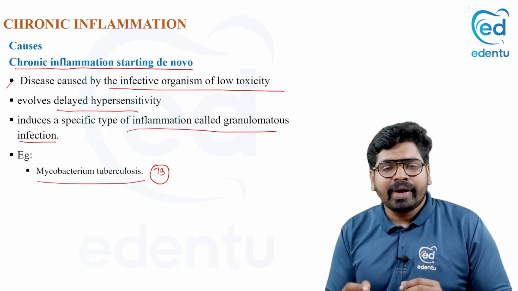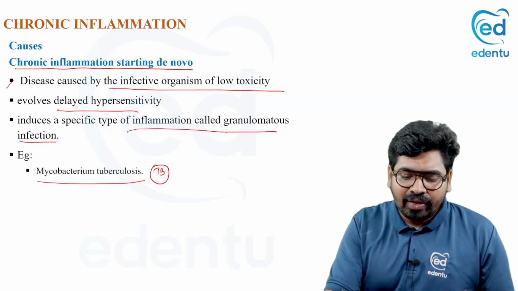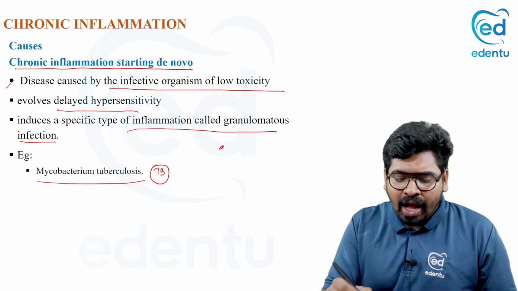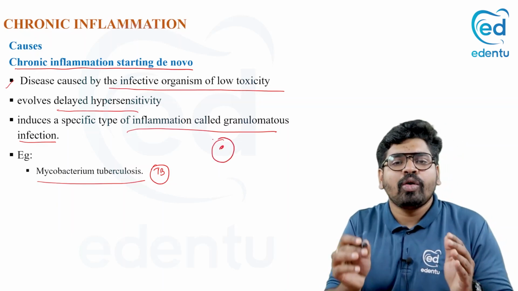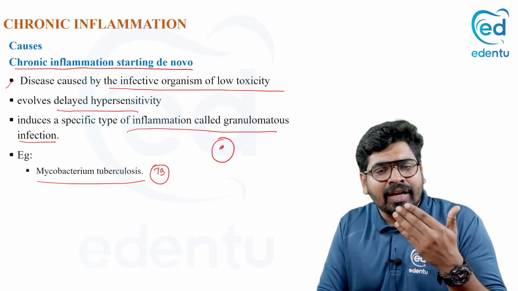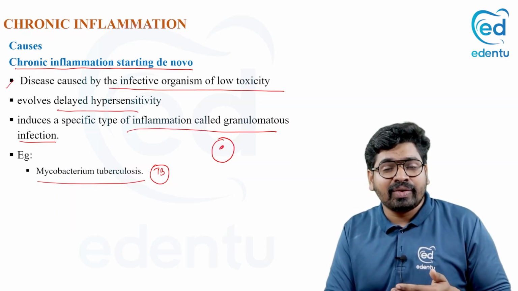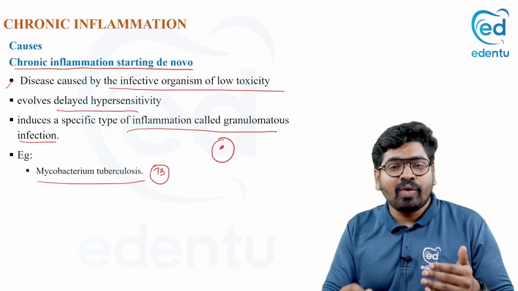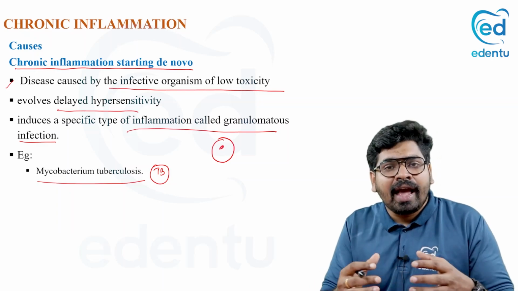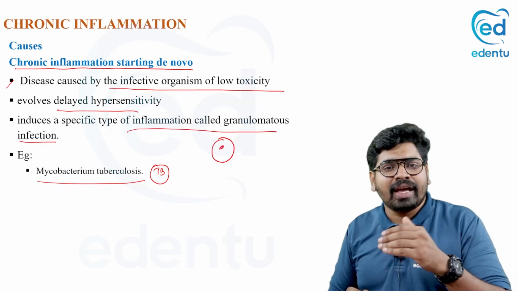This granuloma is nothing but our body's resistance to the organism. When the organism comes into our body, it will make a granuloma around it. This granuloma is formed by inflammatory cells: histiocytes, macrophages, Langerhans giant cells. All these cells come around it and seal off the organism by forming a granuloma.